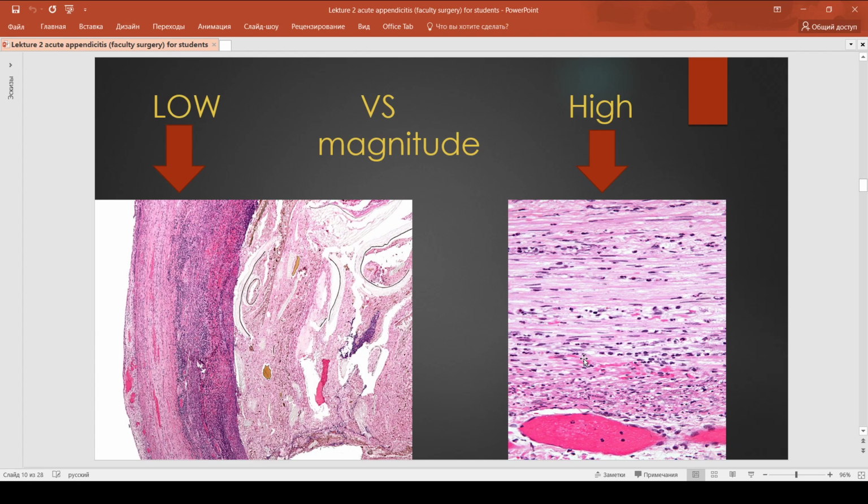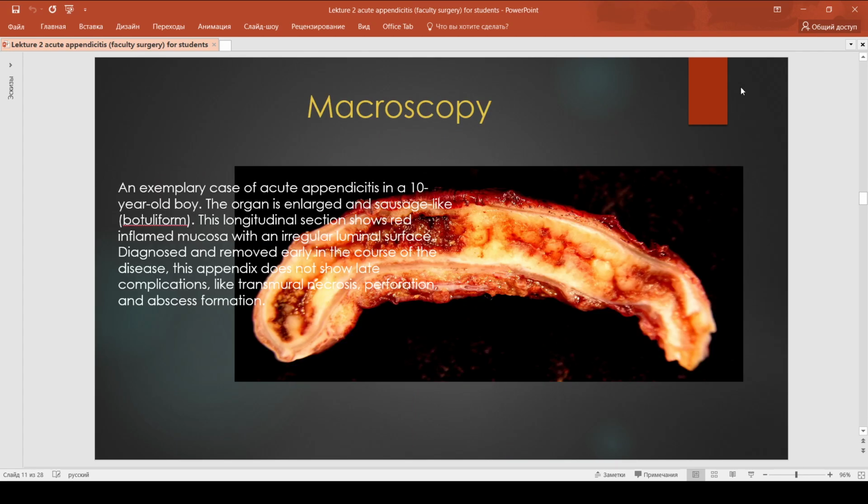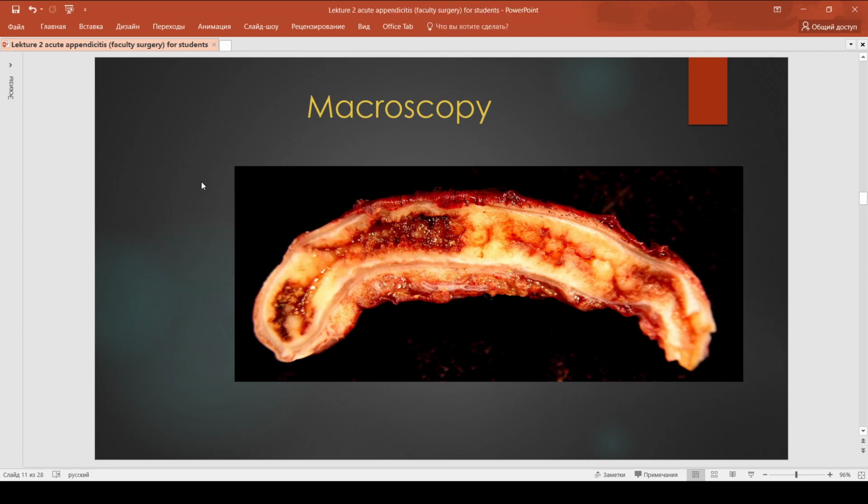This is hematoxylin and eosin stain. As you know, our neutrophils become blue, so you can see many of them. We can make on this picture the diagnosis of acute appendicitis.